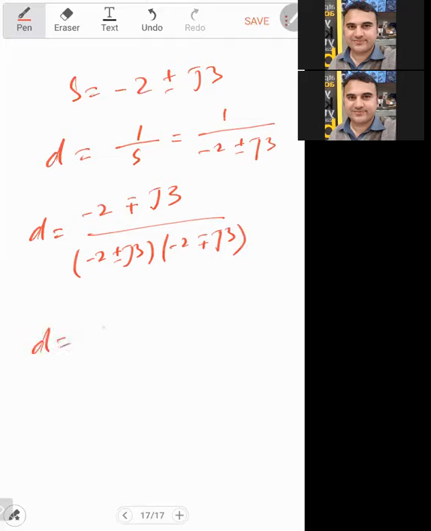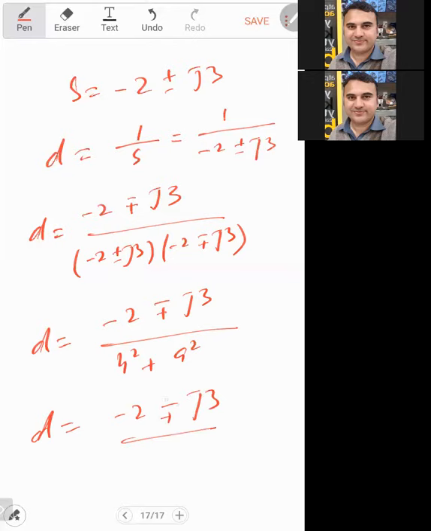So D will be equal to -2 minus plus j3 divided by 2 squared plus 3 squared, which is equal to -2 minus plus j3 divided by 13.